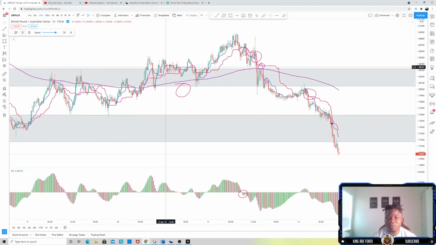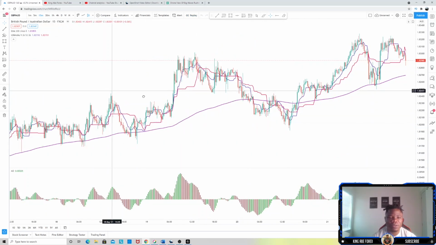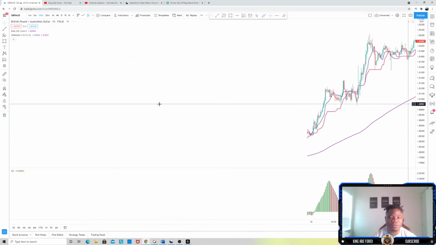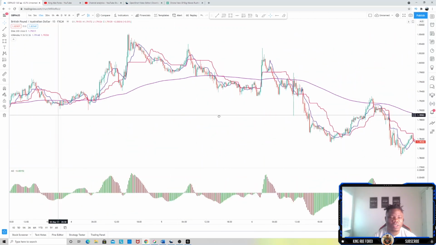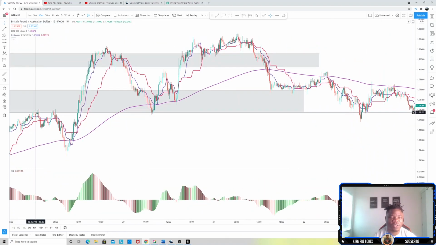Bam, we got our take profit smashed right over there. Now I'm going to exit our replay mode, and then we're going to take a look at what our risk to reward ratio was on this sell trade using this strategy.